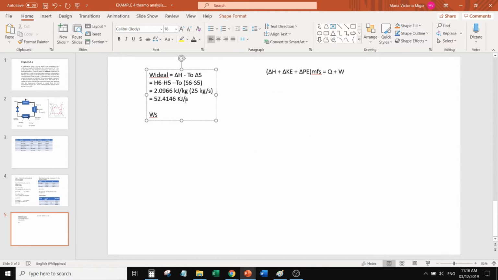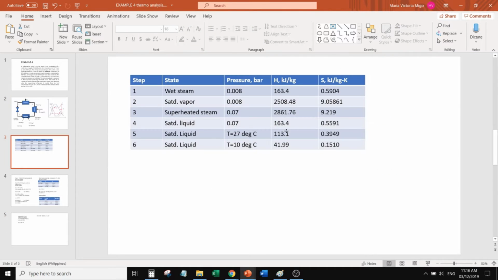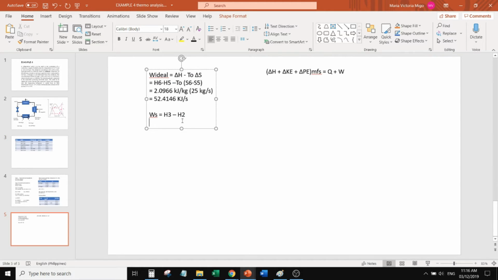So for the work shaft, H2 minus H3, or H3 minus H2. This is the compressor. So just substitute H3 and H2. You will get 353.28 kilojoules per kilogram.